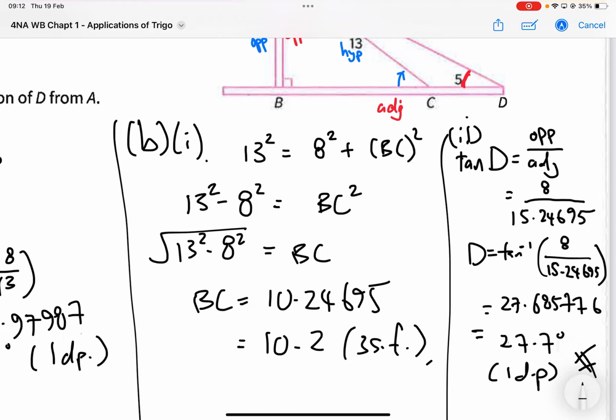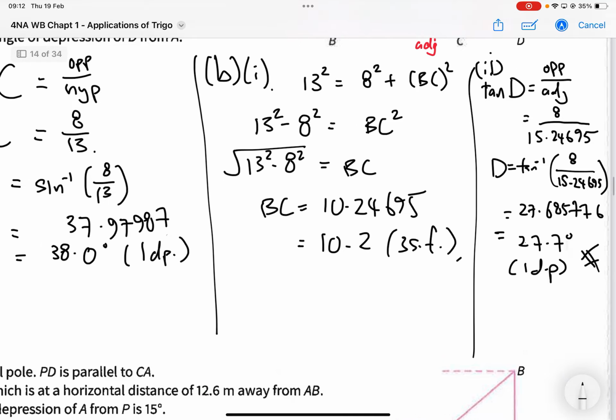Okay, if I never put this 0.24695, if I only put 15.2, then I will have 27.75. Okay, so this one I write in green over here. If I do tangent inverse 8 over 15.2, the answer will be 27.75.